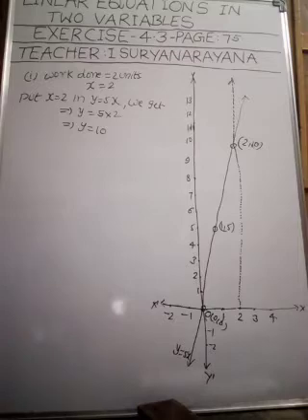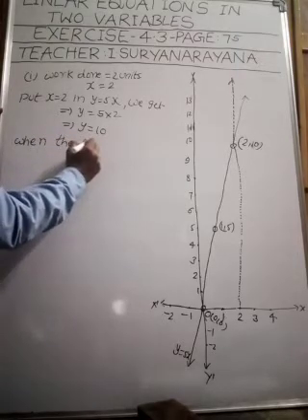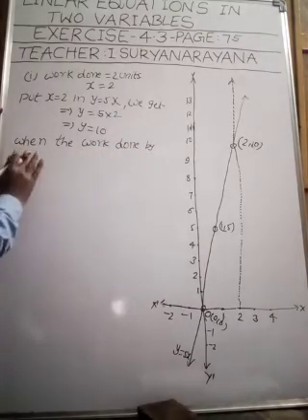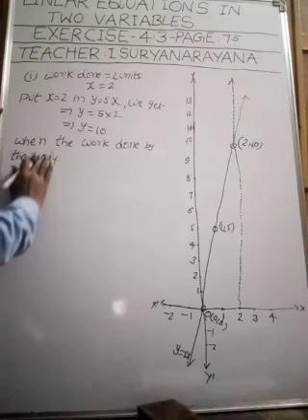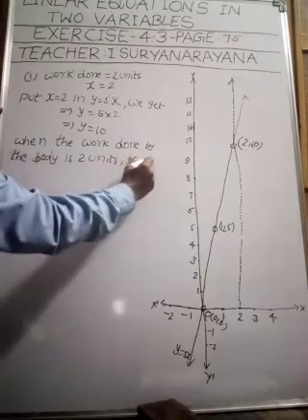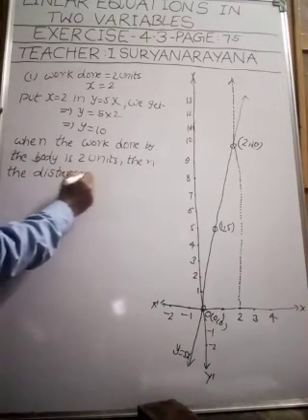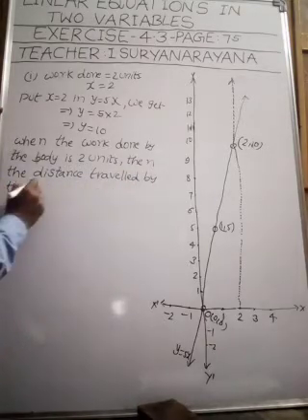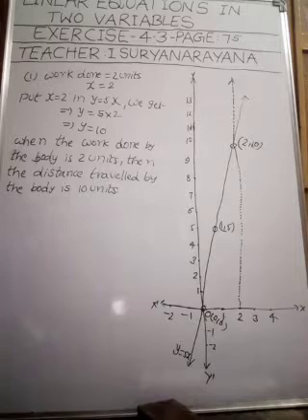So when the work done by the body is 2 units, then the distance travelled by the body is 10 units. Understood this point, my children?